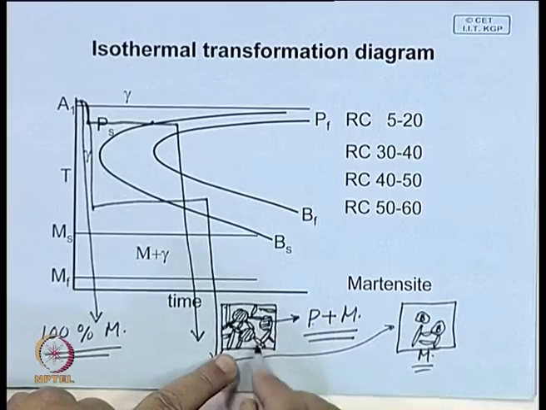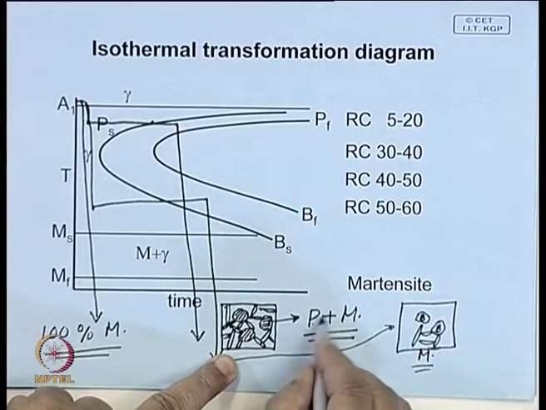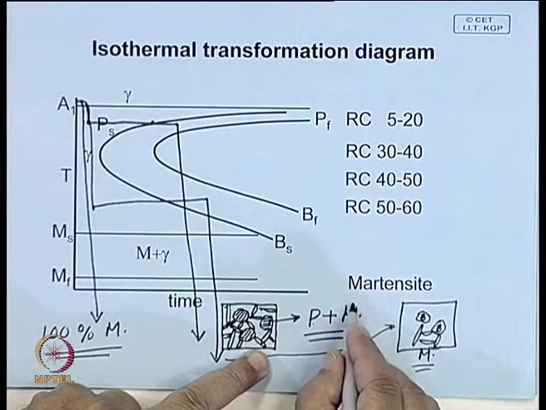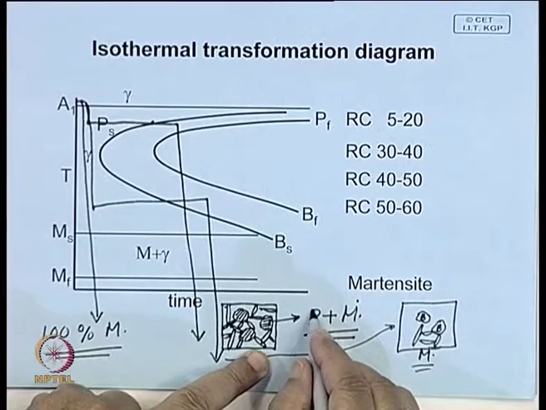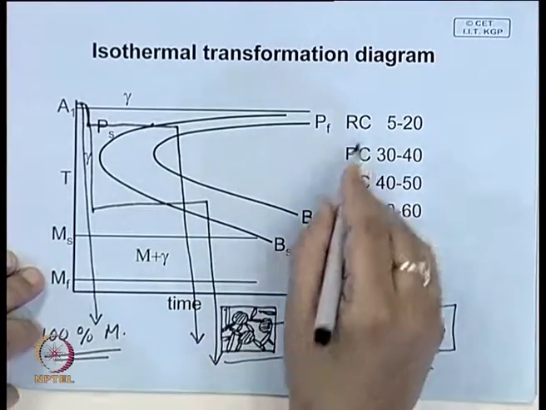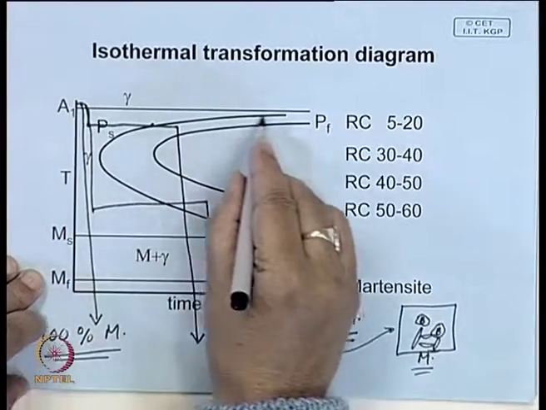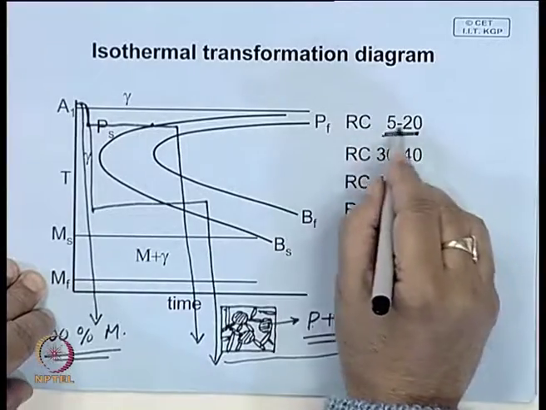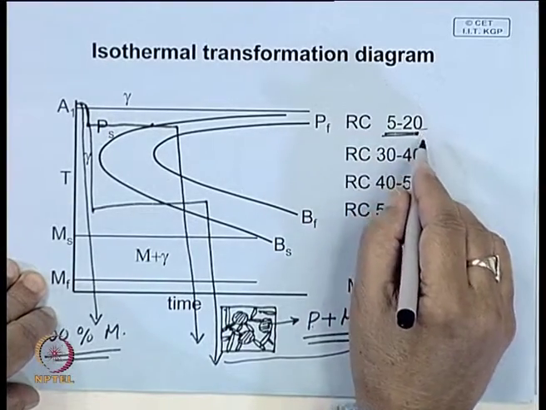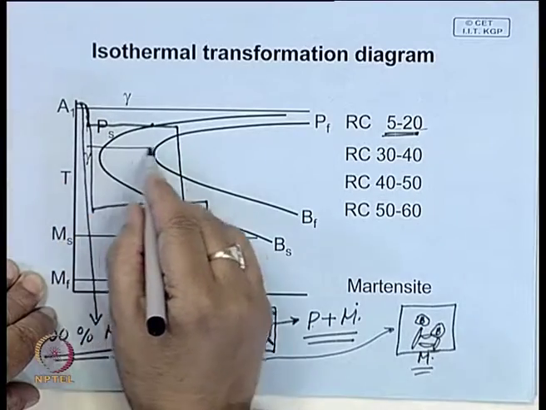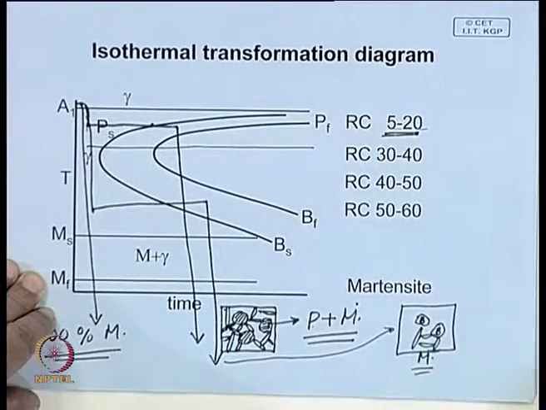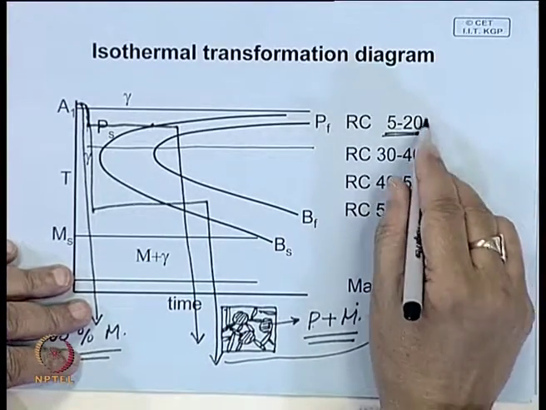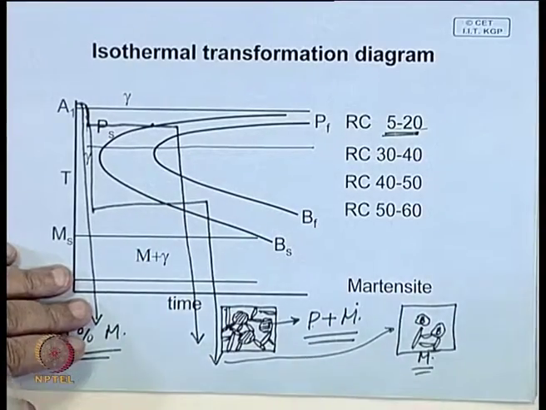So, that is why here when you measure hardness, your hardness is in between martensite and pearlite, and if the transformation is at the highest temperature, the lowest hardness that you can get is around this. If your transformation temperature goes down here, that lowest minimum hardness goes on increasing as the temperature decreases.